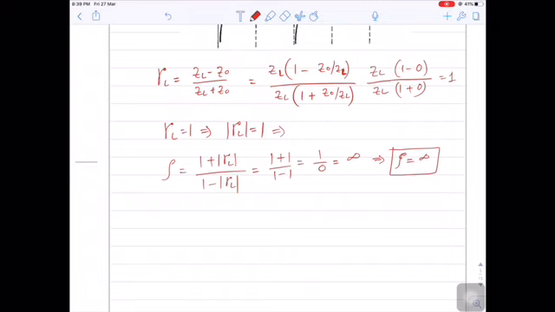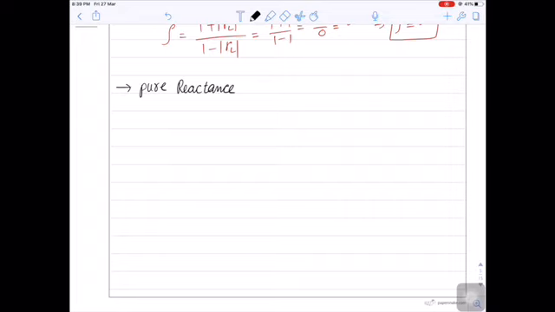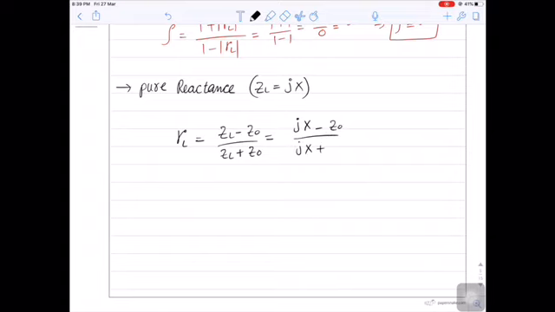Let us take a third case, which is a pure reactance case. That means what happens to the transmission line if you terminate with a pure reactance. So in this case ZL value is equal to some j into X, which may be an inductance value or a capacitance value. Our reflection coefficient gamma L is equal to (ZL minus ZO) by (ZL plus ZO), that equals (j X minus ZO) by (j X plus ZO).